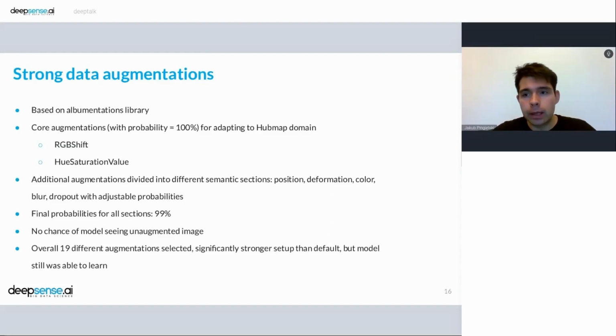It's worth noting that there was almost no chance of my model seeing a non-augmented image during training. Overall, I used 19 different augmentations in my pipeline, and I think it's significantly stronger than your default ones. I was worried that my model would not be able to train with such strong augmentations, but it turned out that it worked quite well.